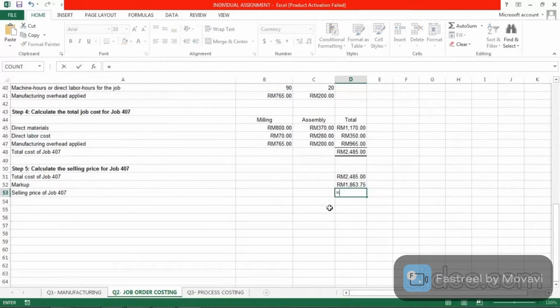And then the selling price of job 401, we get 4348.75.